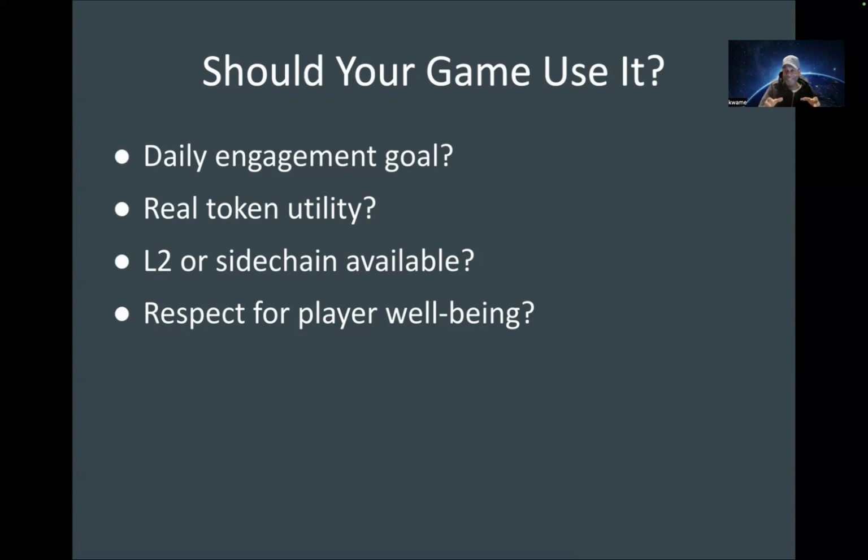Real token utility. So what does the token do? Why is there a token, right? Inside the Voxelverse, you need the Voxel token in order to do pretty much everything else, right? Even buying and selling of NFTs, the game assets, they all use the Voxel token. And for governance.